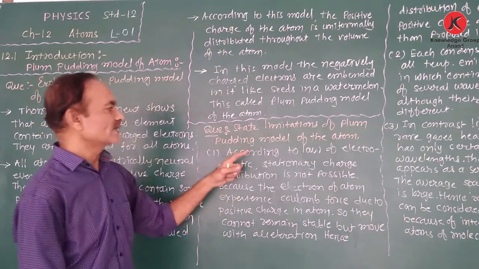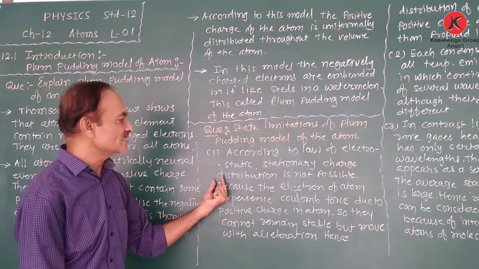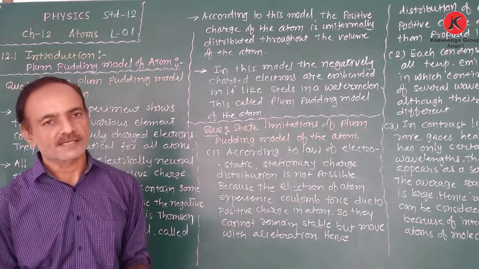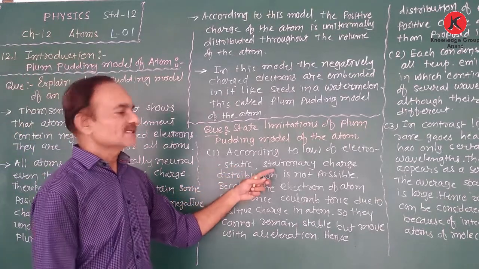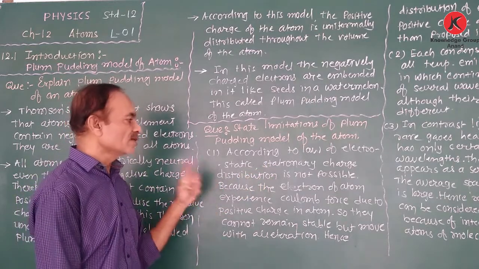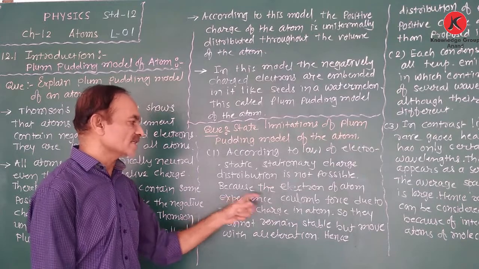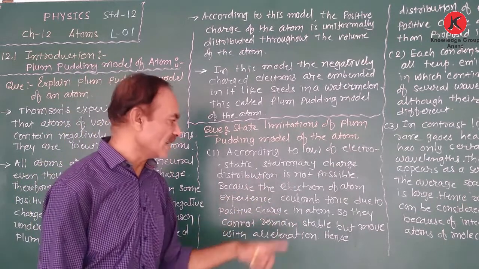So according to the law of electrostatics, a stationary charge distribution is not possible, because the electron of the atom experiences the Coulomb force due to the positive charge in the atom.